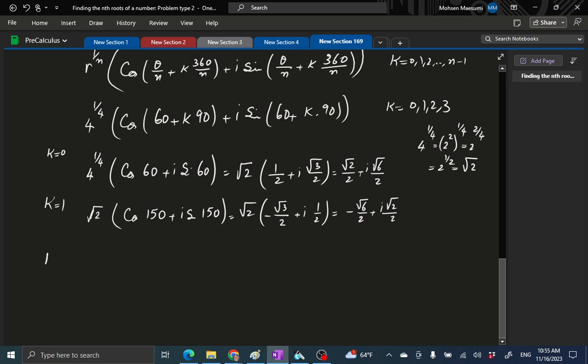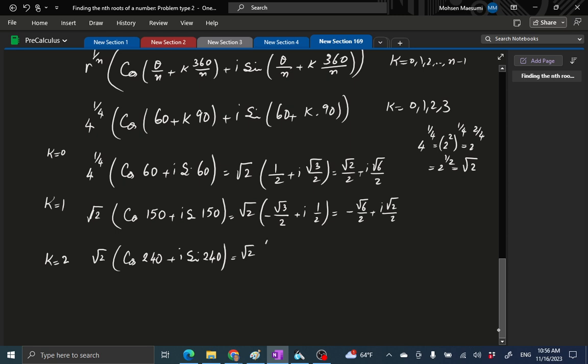Going up, k equal to 2. By now we know that we are turning 180 degrees from that, so we expect our answer is going to be the negative of this. Let's see. Radical 2 times cosine of, we're adding 180 to that, so that's 240 plus I sine of 240. How did I get 240? 60 plus 2 times 90. So 60 plus 180 is 240.